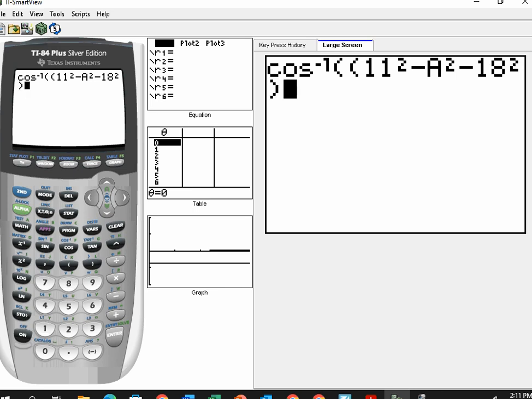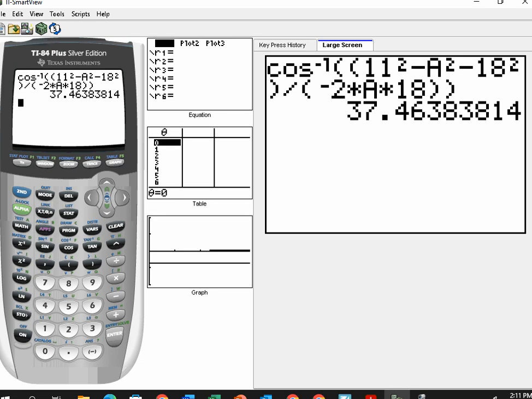Close that parenthesis if you have to, or go to the bottom of your fraction, divided by. When you do negative in front of 2, make sure you use the negative at the bottom. 2 times alpha A times 18. That is what you should be getting.